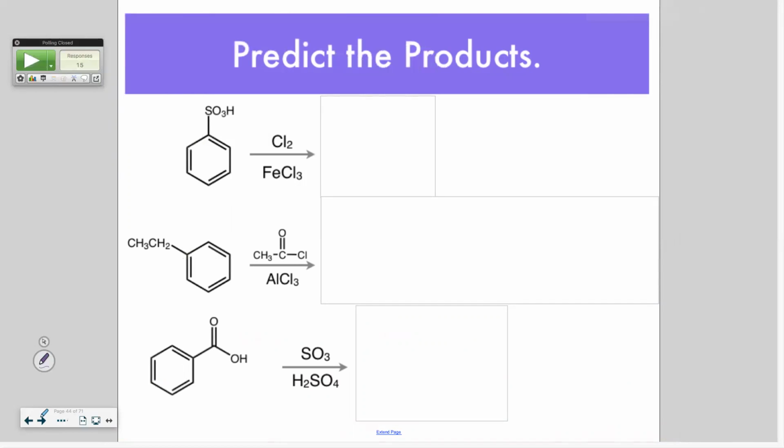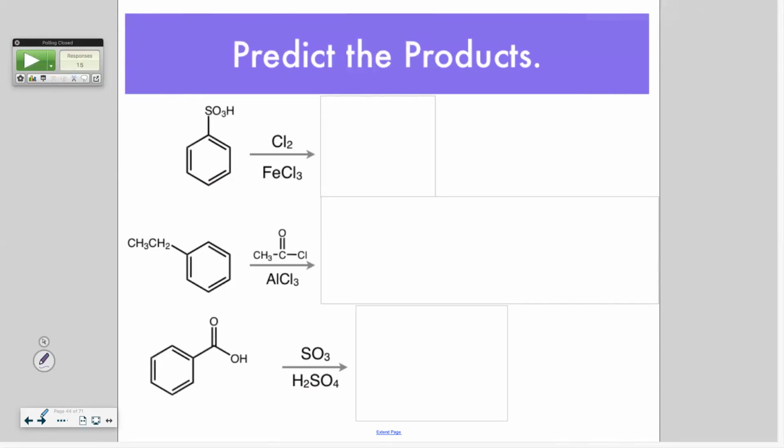So this first compound up there, what is the name of that? Just to help you review. Benzene sulfonic acid. And then the reaction is chlorine and FeCl3. So you need to know what kind of group is on that benzene ring, and you need to know what the reaction is going to do. And then you put them together.